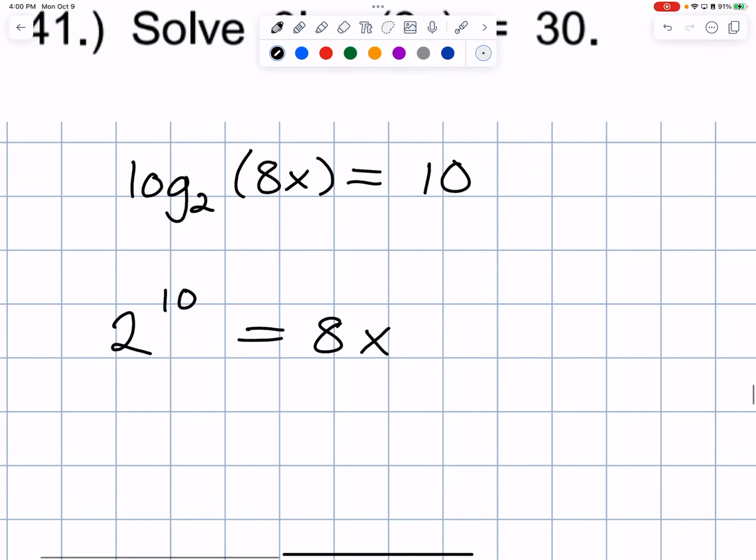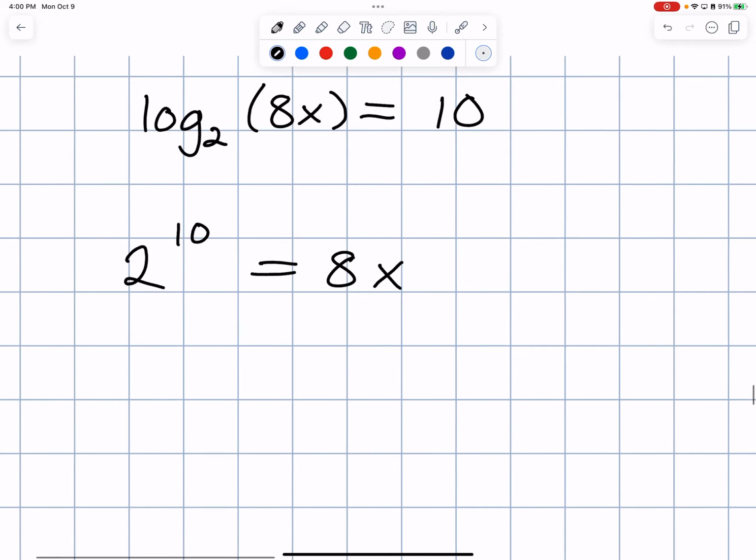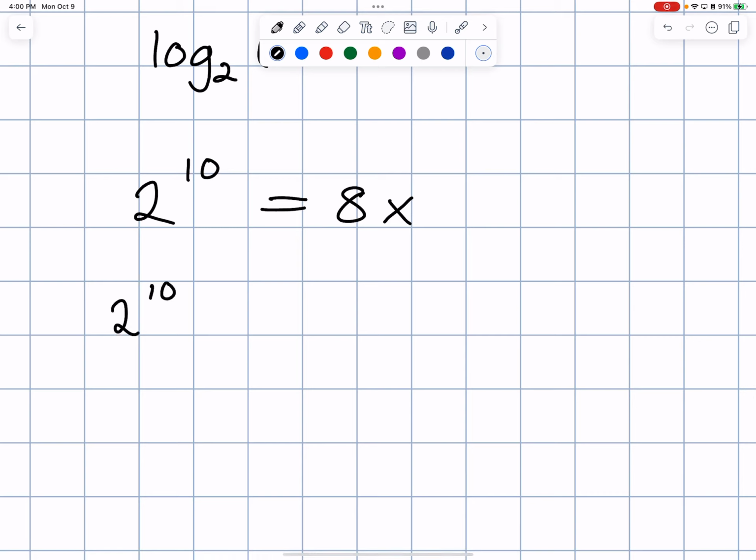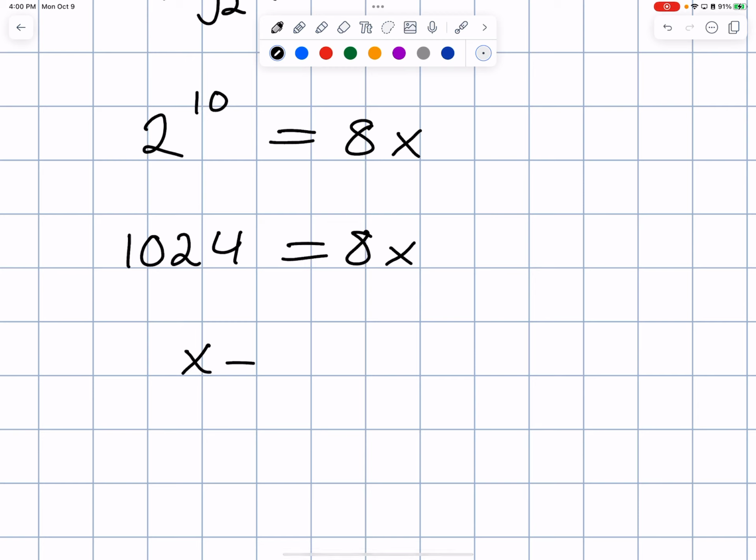But let's see. 2 to the 10 is 4, 8, 16, 32, 64, 128, 256, 512, 1024. Divide both sides by 8, and I get x equals 128, I think. You can check on a calculator, but it is. Okay, questions?